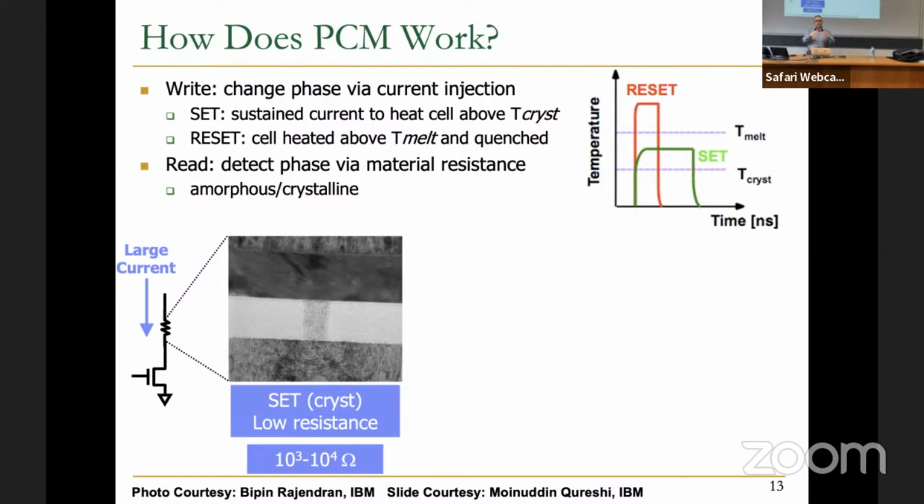But as long as you have sensing circuitry and you are using it for quite a big array, then the cost can be amortized. It's very similar to DRAM, of course. I don't really have that number on top of my head. Any other questions? Okay, those are very good questions.